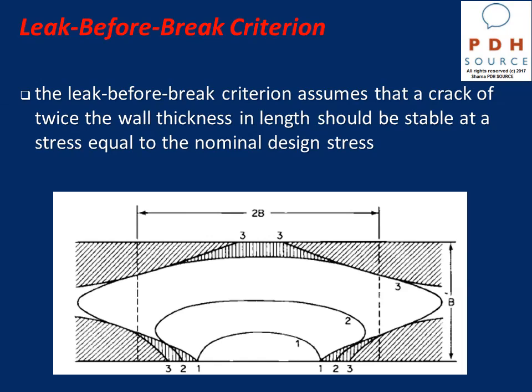Fracture may lead to entire failure. So the leak before break criterion assumes that a crack of twice the wall thickness in length should be stable at a stress equal to the nominal design stress. This is the leak before break criterion, very conservative.